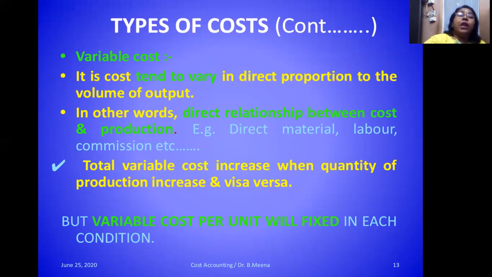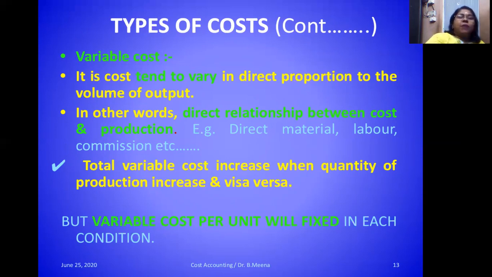So variable cost will vary proportionately. That means it will increase when production is increasing, it will decrease when production is decreasing, and it will become zero when production is zero. So it will vary at a proportionate level when the production is increasing or decreasing.